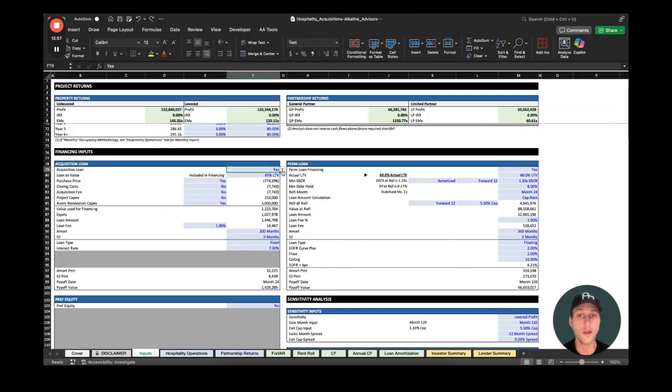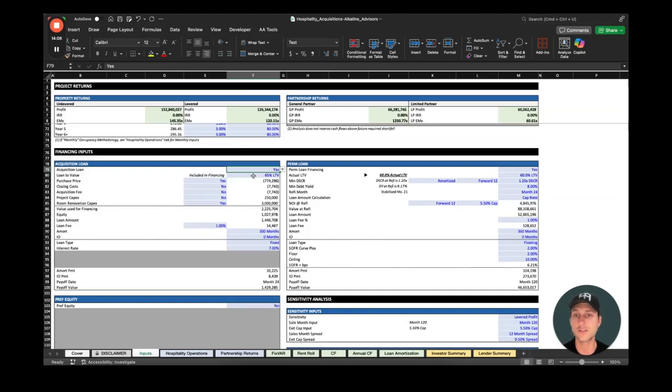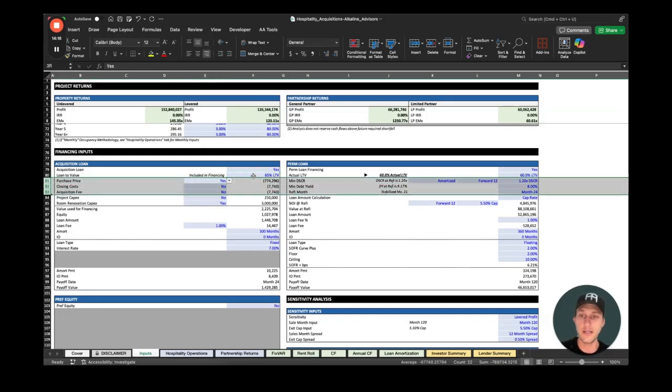First of all, if you don't anticipate having any debt when it comes time to acquire the asset, you can toggle this to no. Then you're using only equity. If you toggle this to yes, you'll see all of the variables allow you to input the data. So you can choose what LTV you want, and you can also choose what in the acquisition is being financed.